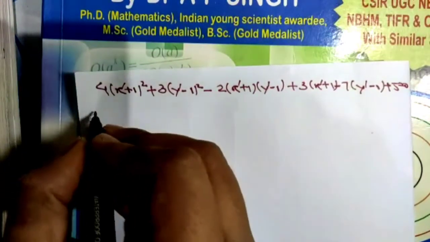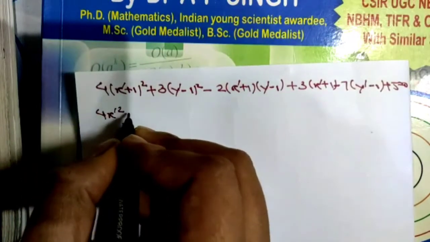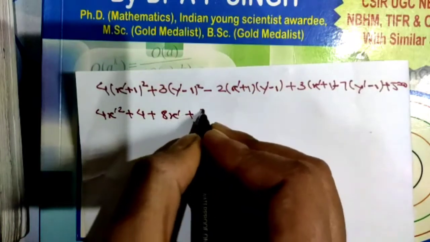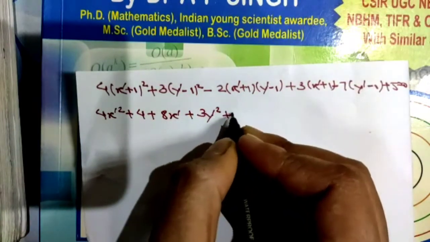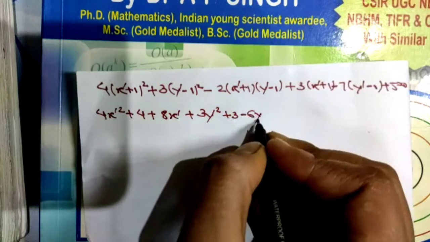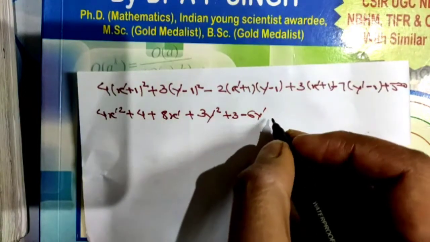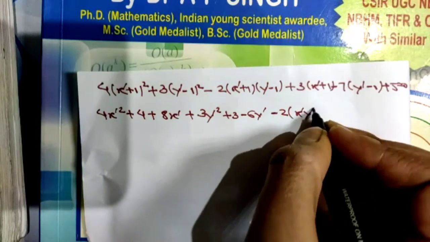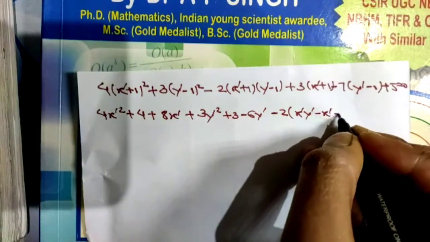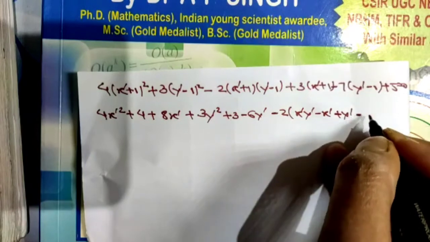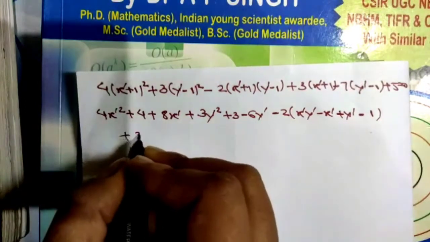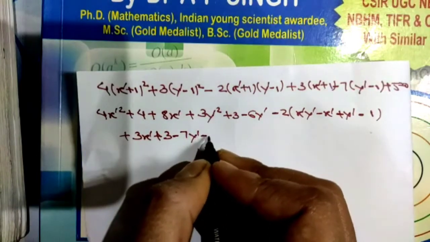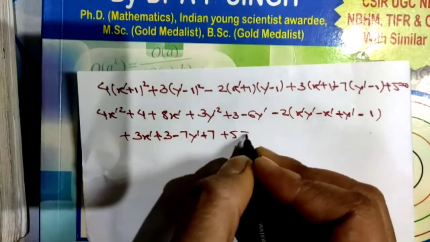Let's solve it. 4x dash square plus 8x dash plus 4, plus 3y dash square plus 3 minus 6y dash, minus 2x dash y dash minus x dash plus y dash minus 1, plus 3x dash plus 3 minus 7y dash plus 7 plus 5 is equal to 0.